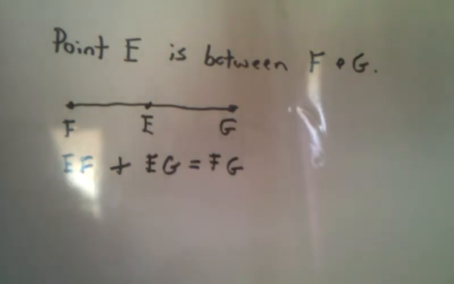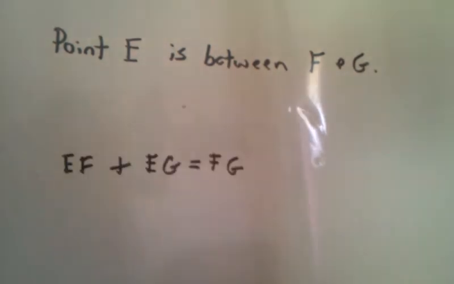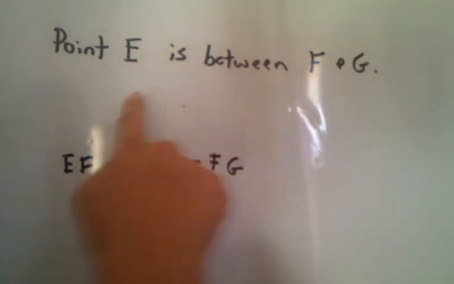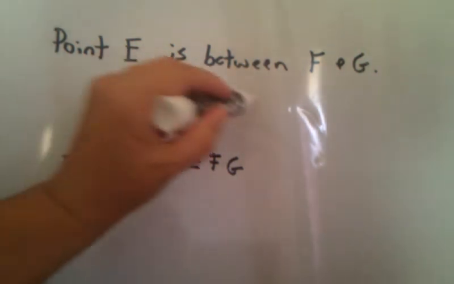So, can we conclude that EF equals EG? If E is between F and G, does that mean EF equals EG? No, because I could do it like this.